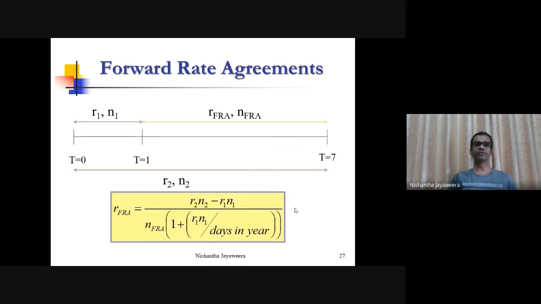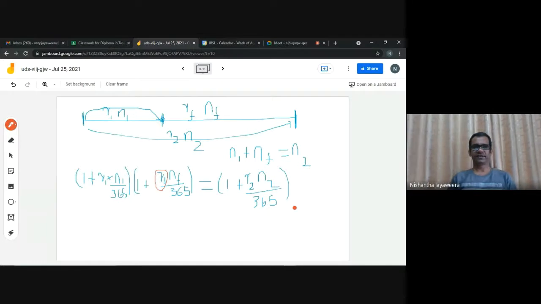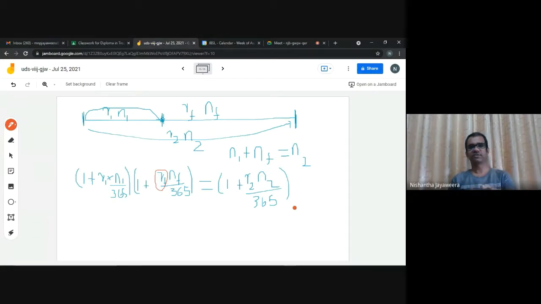This is how you do it. You can straight away use this equation or do this calculation. Either way, it's fine, but then you have to remember the equation properly. Or, remember the concept behind it.